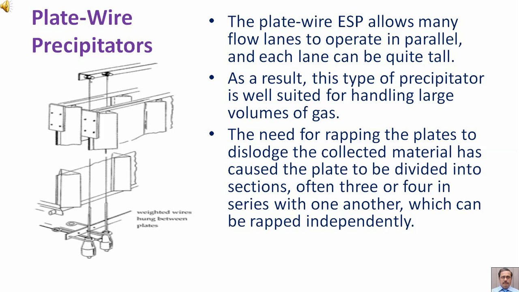The need for rapping the plates to dislodge the collected material has caused the plate to be divided into sections, often 3 or 4 in series with one another, which can be rapped independently.